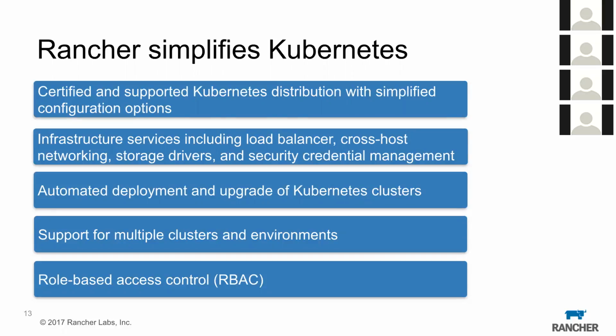And then we also manage the load balancer. Rancher is an ingress controller for Kubernetes, leveraging the built-in level 7 load balancer in Rancher. And as I mentioned before, we manage the cross-host networking, storage, and user management.